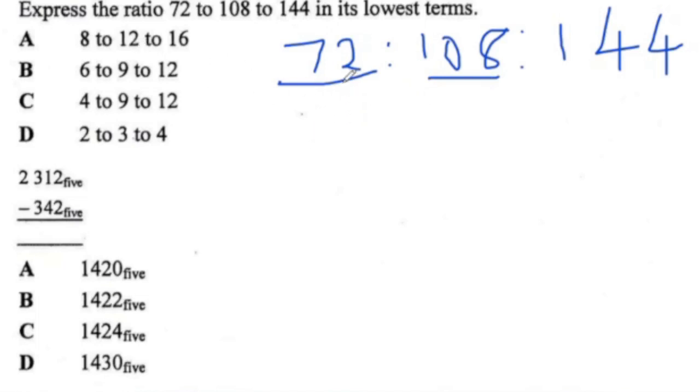So 12 in here will go 6 times. So I'm going to divide 72 by 12 as the highest common factor of these numbers. Let me take time and explain in detail.